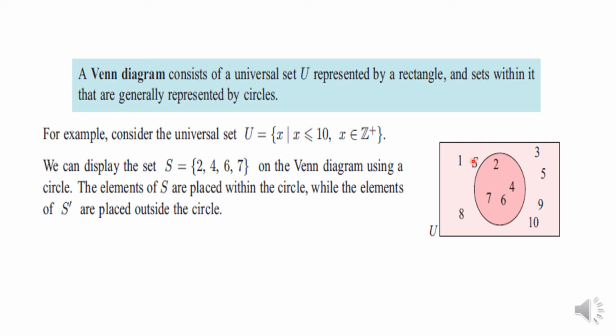But in there is a subset S that consists of elements 2, 4, 6, and 7. All the elements that are not in this set, these are elements 1, 3, 5, 9, 10, and 8, are placed outside the circle. Only the elements of S are placed within the circle. So the ones that are outside the circle are therefore the complement of set S.